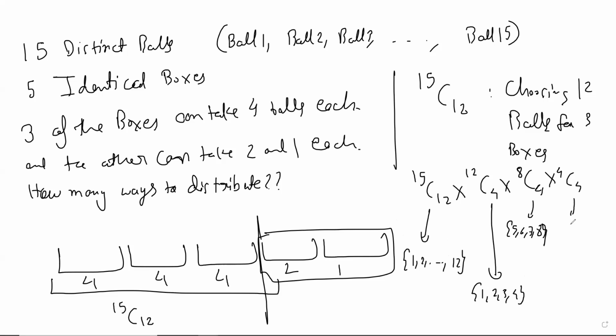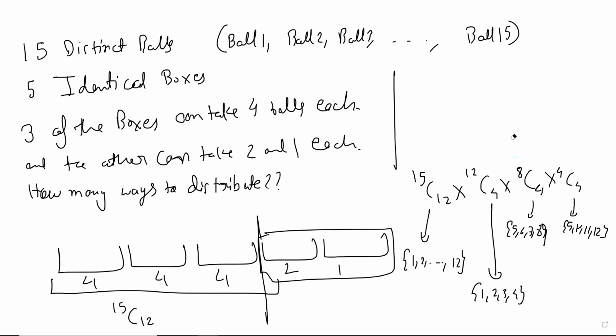And then the third box you gave the remaining 9, 10, 11, 12. That is one way. The other way would be that for the first box you give 9, 10, 11, 12, to the second box you give 5, 6, 7, 8, and to the third you choose 1, 2, 3, 4.